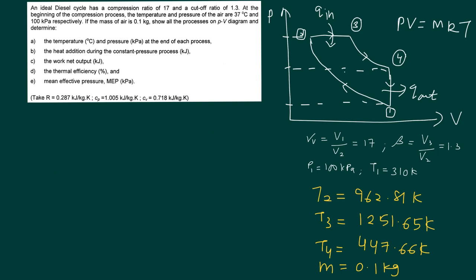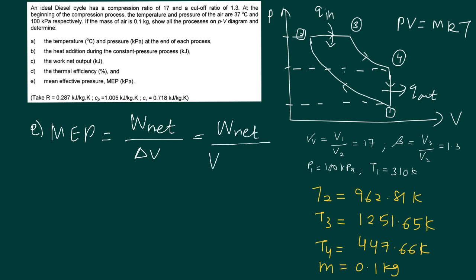Next is to find your MEP, which is equal to your work net over your change of volume, or work net over your V2 minus your V1. Your V maximum, which is 1, minus your V minimum, which is 2.